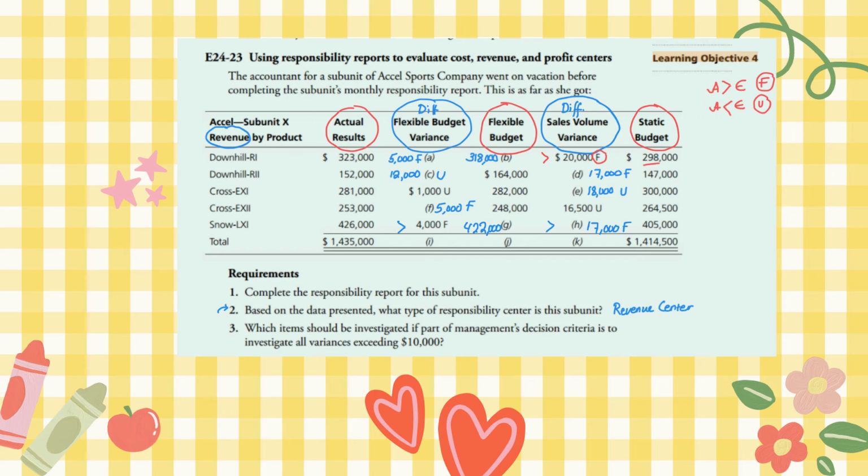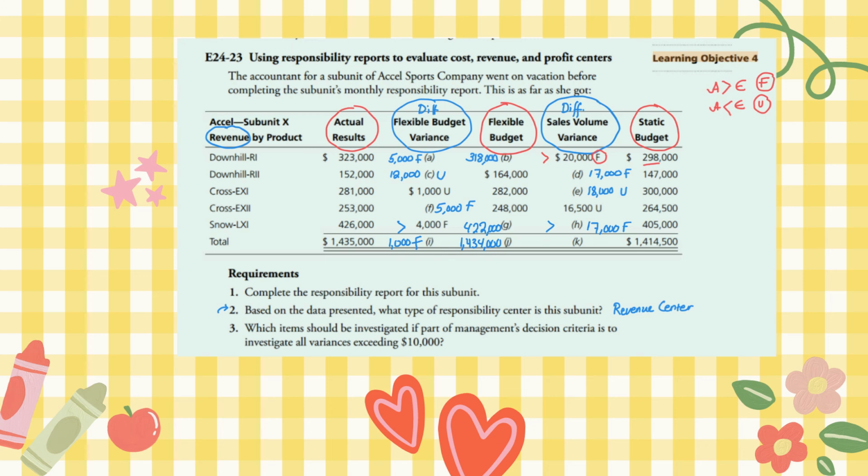It's 1,434,000. Now the difference between the flexible budget and the actual, which is 1,435, it's 1,000. Is it favorable or unfavorable? I expected to get 1,434, I got 1,435. I got more, so it's favorable.